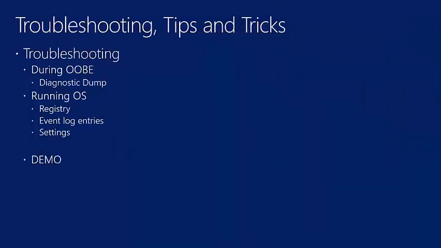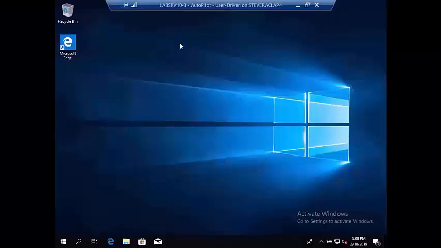Now, once you get into the running operating system, let's look specifically at that. Pulling back in, this is the user-driven approach that I had. Let's look first at the registry.